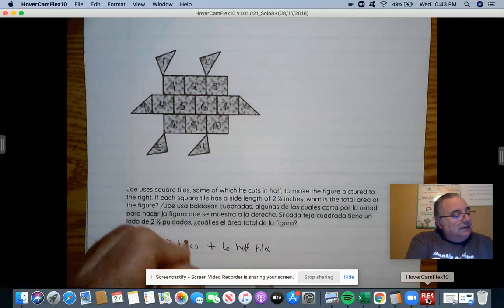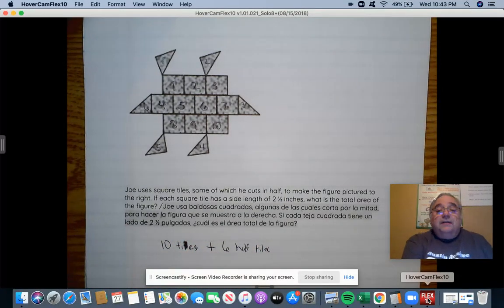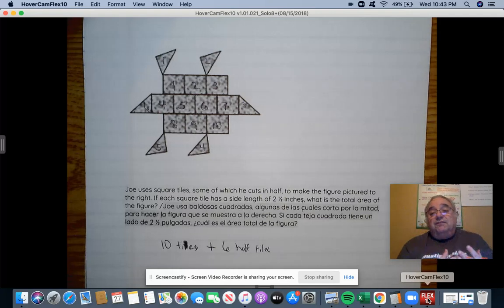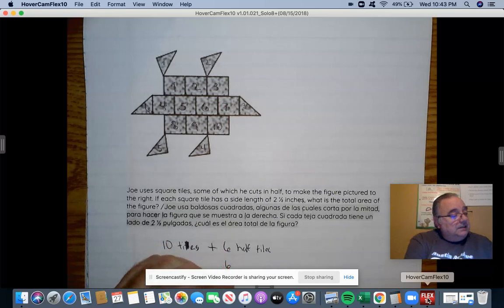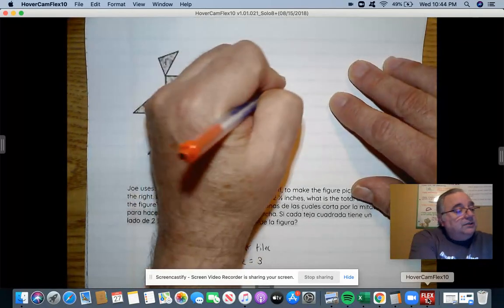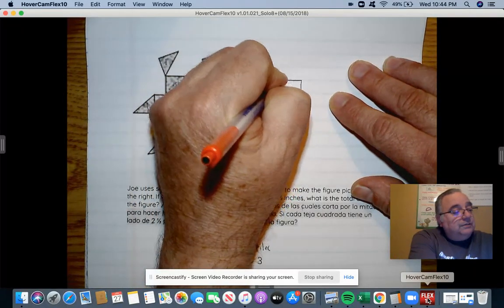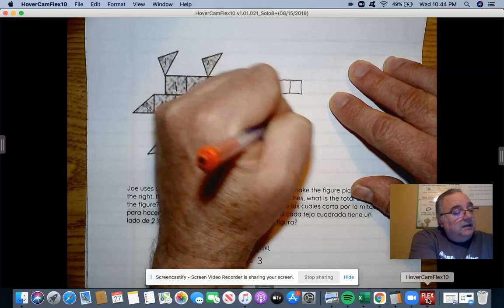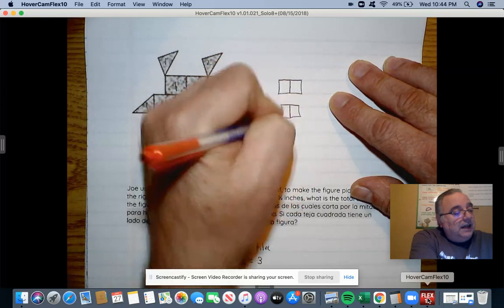I spelled tiles wrong over here. All right. Since I'm very visual, one of the ways is I can multiply 6 or divide it by 2 to give me the total number. Or if I need to, I'm very visual, I'm going to cut the square tiles in half.